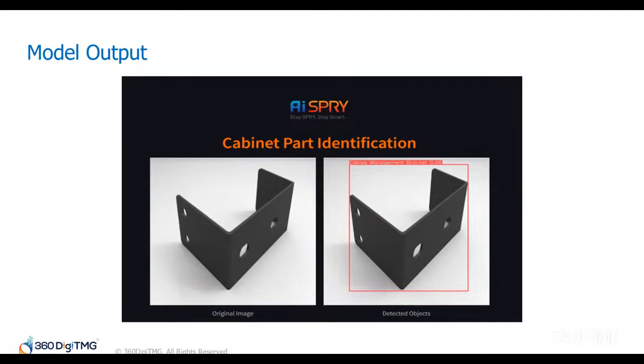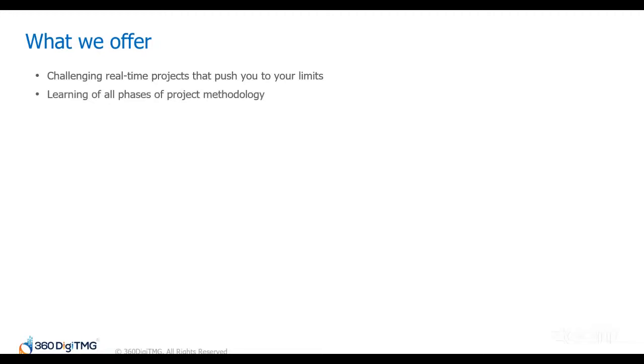Now let us see what 360DigiTMG offers to our students. We provide challenging real-time projects that push you to your limits. You will work on real-time projects, learning all phases of project methodology.